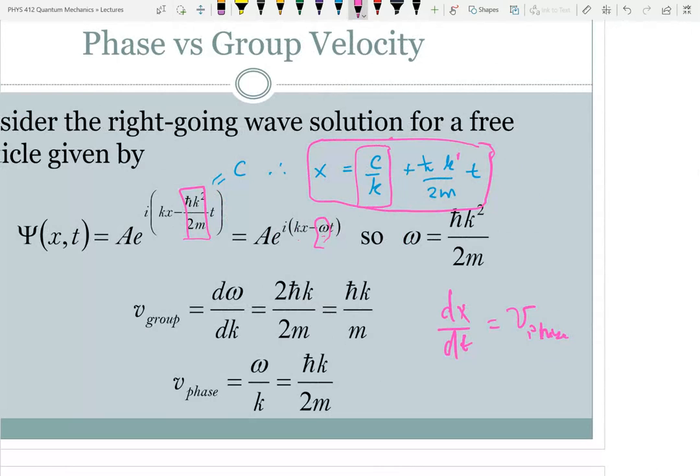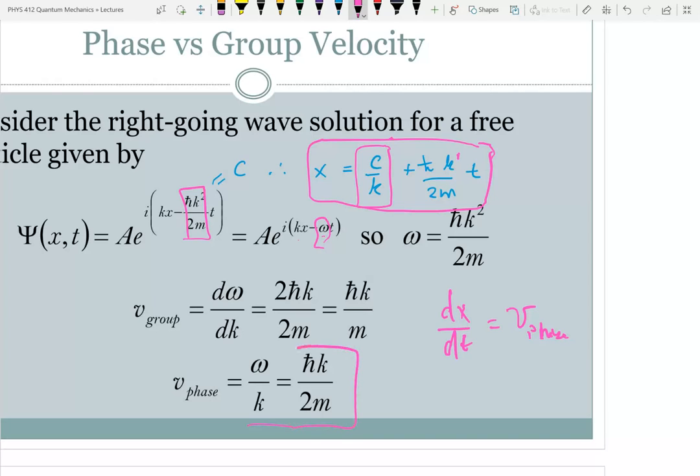If I just take this derivative, it's very simple. It's h bar k over 2m. Another way of looking at that derivative, because it was linear, is that the phase velocity is just omega over k. Omega is what time was multiplied by, k is what x was multiplied by. So x over t is omega over k.